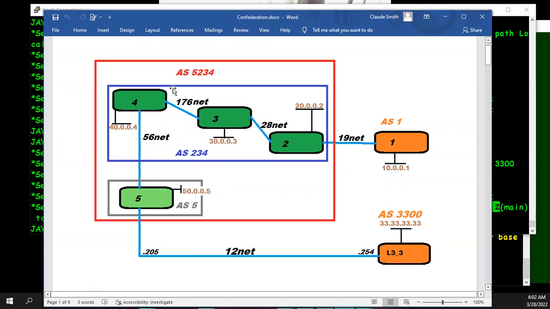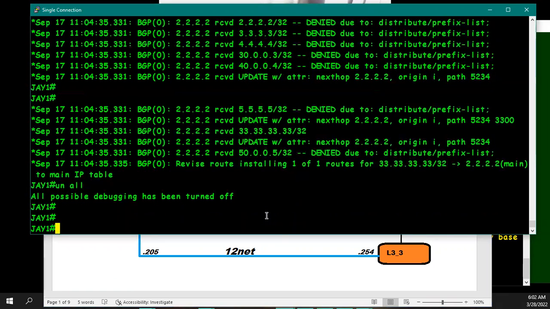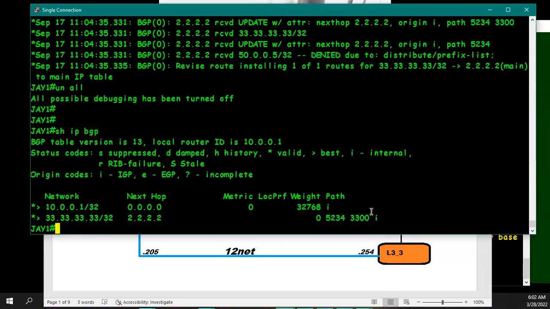So therefore, I'm going to break that rule, push it to 3, and 3 pushes it to 2. That's how the 3333 network got all the way around through the Confederation to get to number 2, so that autonomous system number 1 knows about it. And as you see, it installs that into the route, which gives us this much cleaner routing table for BGP.